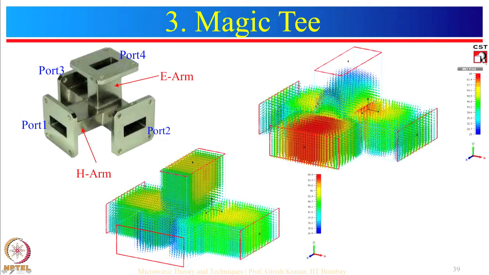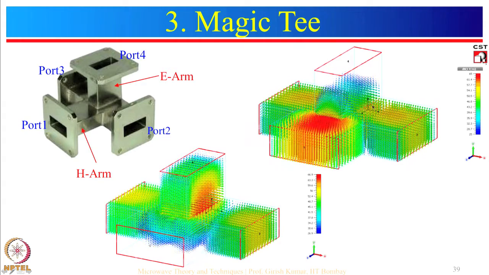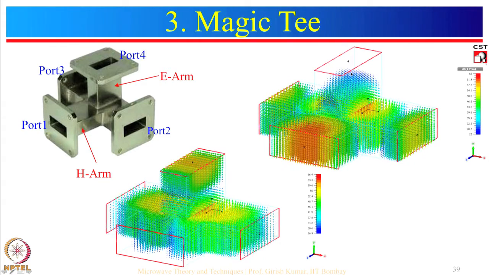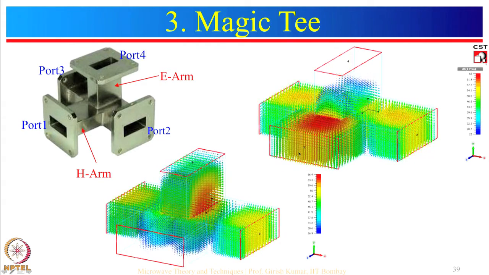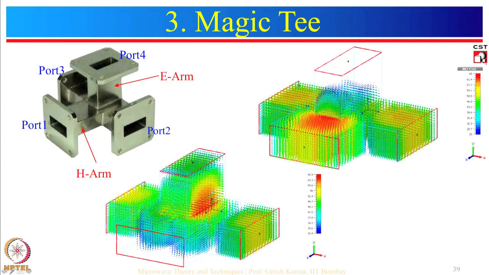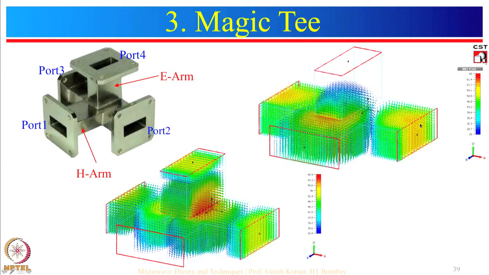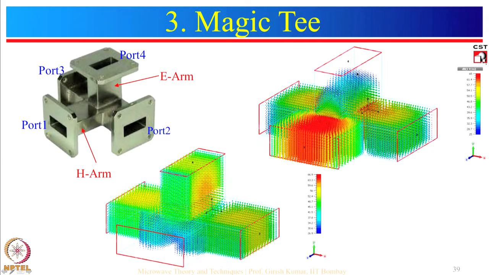As you can see from this figure, this is port 1, this is port 2 and 3, and this is port 4. If we give input to this port, then the output is getting divided in these two ports equally with the same phase, as you can see from the direction of the arrows.